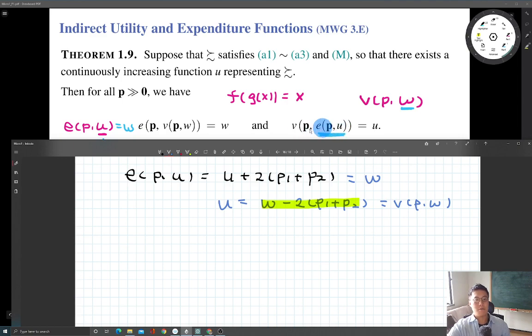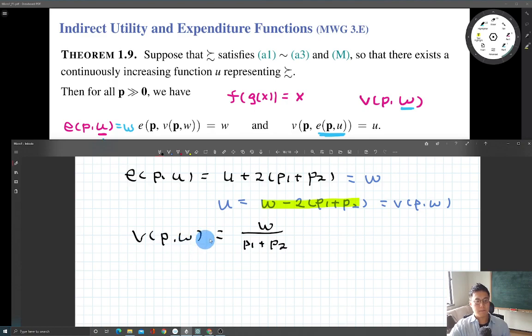So if we know what indirect utility looks like, for example, function v is given by, say, W over P1 plus P2. Remember, function v is increasing in W but decreasing in price. If the consumer gets wealthier, the highest level of utility, consumer's well-being, is increasing. But in case of inflation, consumer's well-being gets worse and worse.